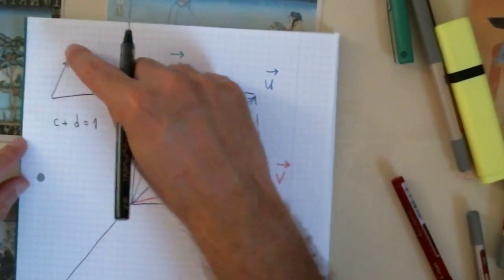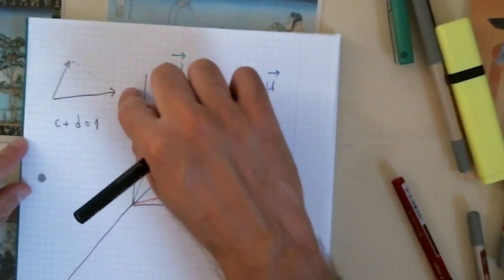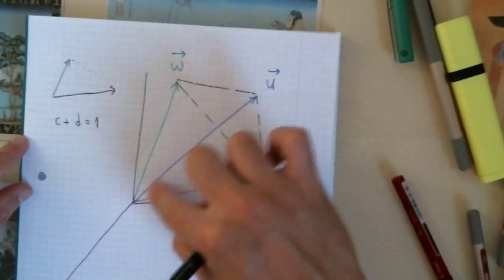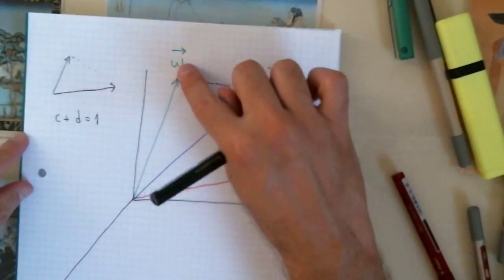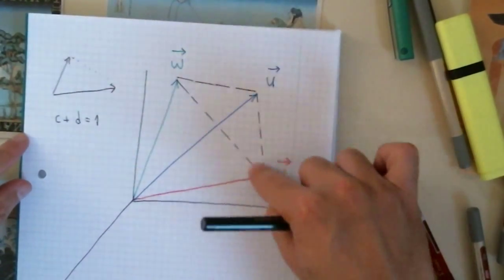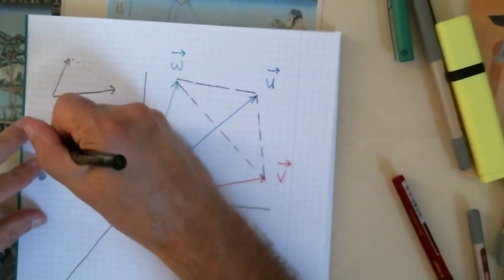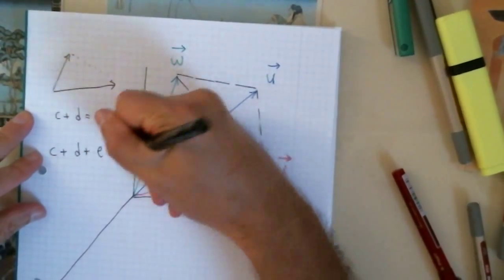This was two vectors and they gave a line, so it was one dimension. If we have three vectors, they create a shape in two dimensions, which is a triangle, okay? But it's the same. We should have C plus D plus E equals 1.